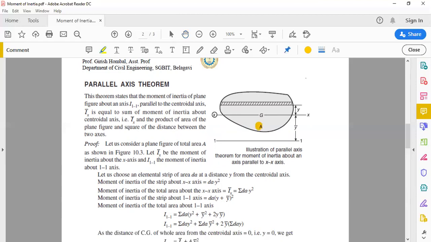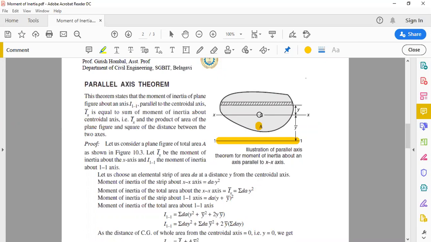This x axis is an axis which is passing through the CG of this irregular lamina. We have one more axis, that is 1-1. So basically we have two axes here, that is 1-1 axis, and the other one is x axis, which is passing through the CG.